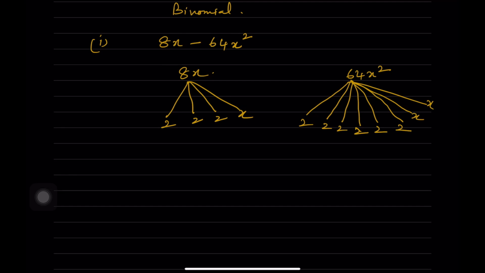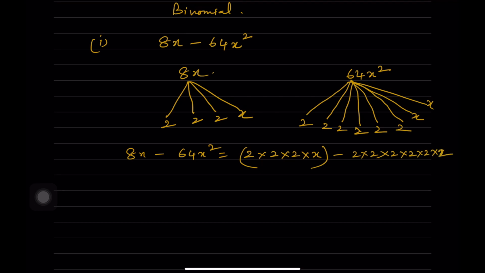Now in this, how do you write? We'll write 8x minus 64x square as 2 into 2 into 2 into x minus 2 into 2 into 2 into 2 into 2 into 2, 6 times you're writing, into x into x. So now what is common in both of them?